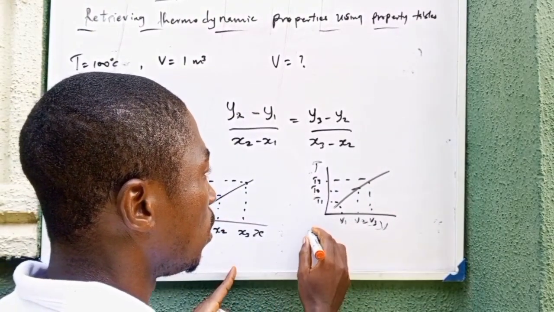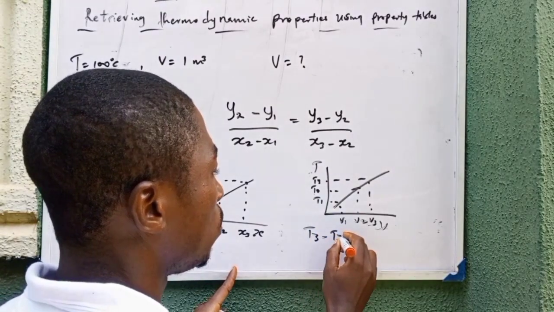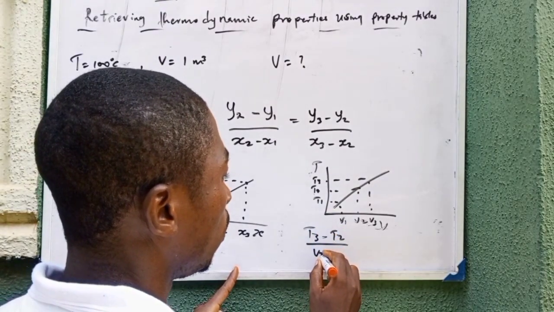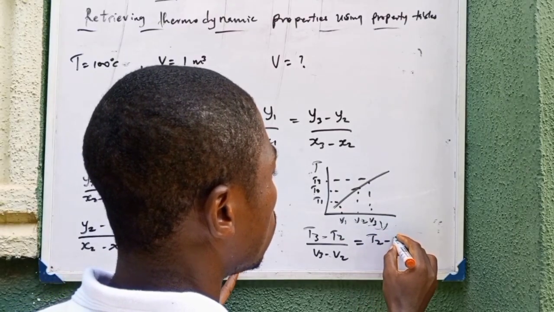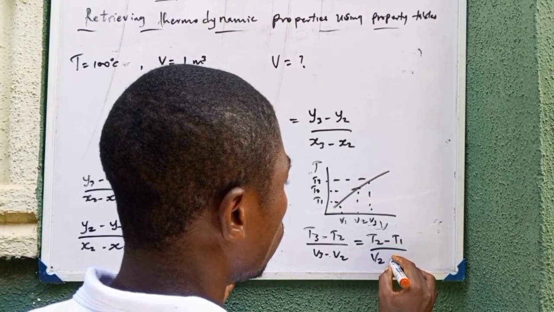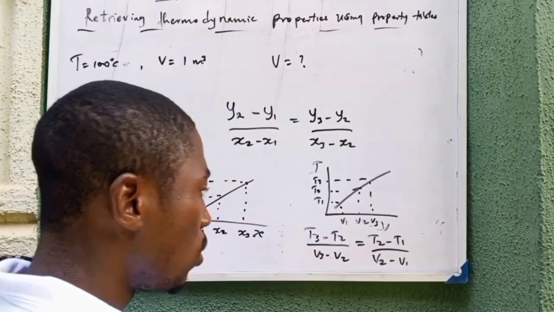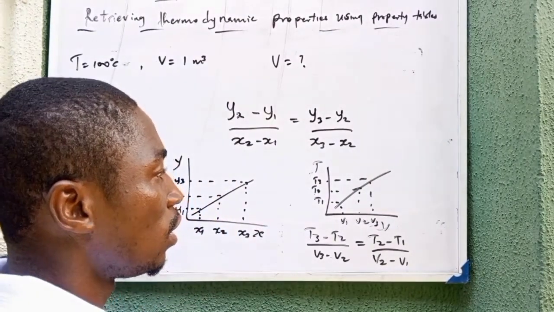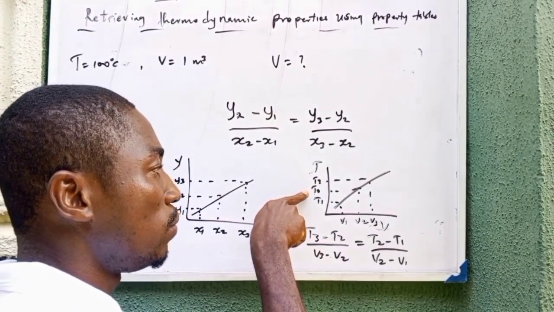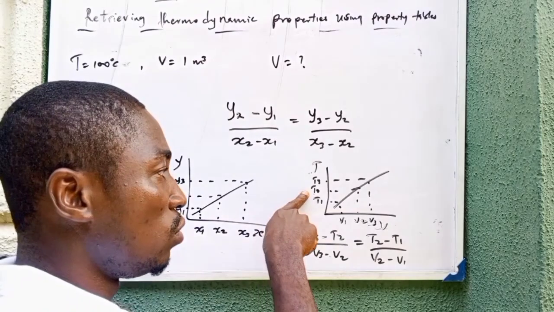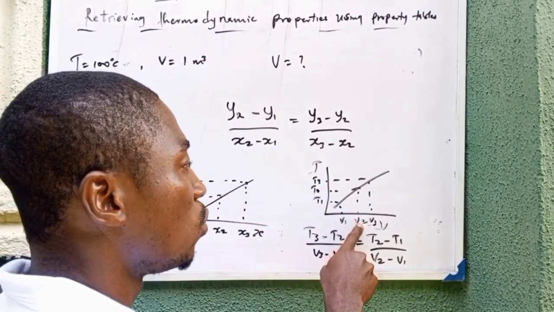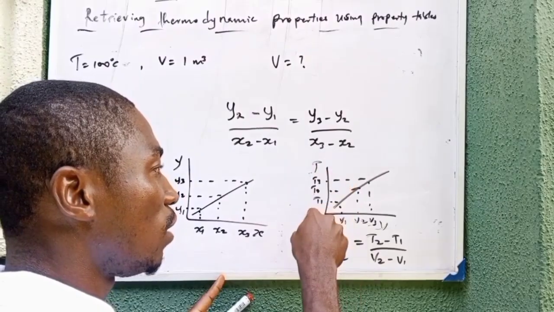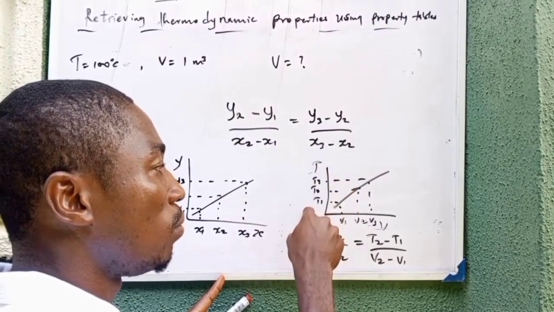You simply say (T3 minus T2) over (V3 minus V2) equals (T2 minus T1) over (V2 minus V1). Notice that the one I'm looking for must be the one in the middle. So I'm looking for either T2 or V2, and I'll use these other values to do my interpolation.